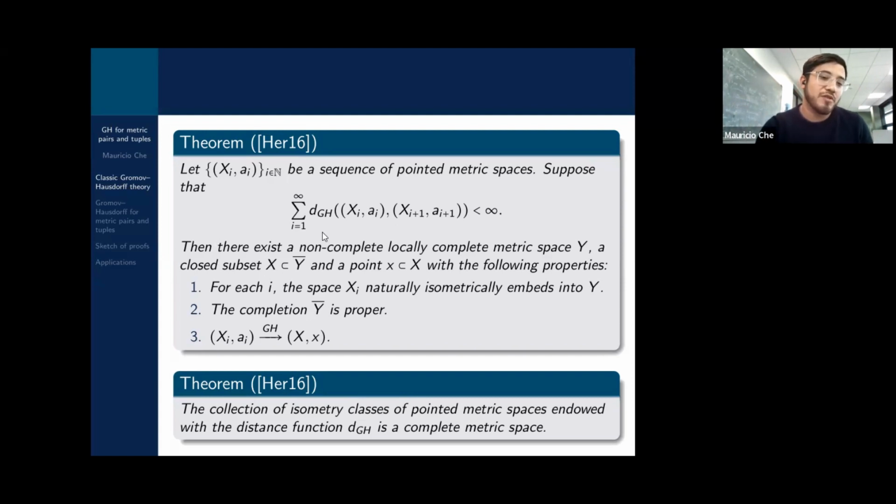And basically, once we prove the pointed case, that implies the corresponding results in the case of compact metric spaces. I don't know who to attribute these results to, but a very good summary of these theorems can be found in this paper I'm citing here. I will mention the reference later.